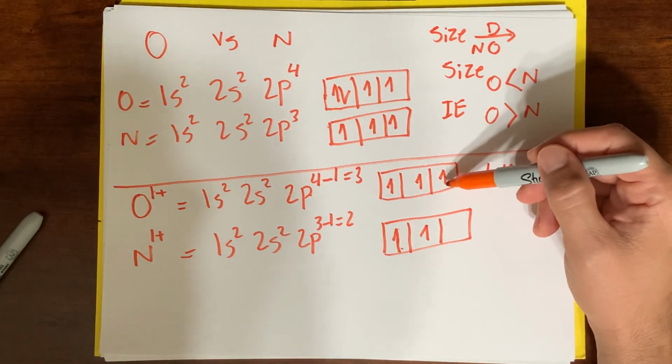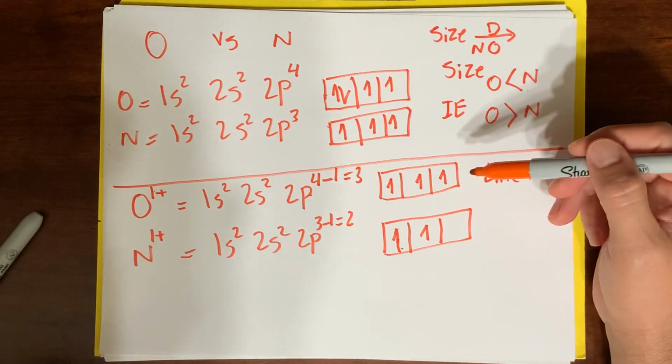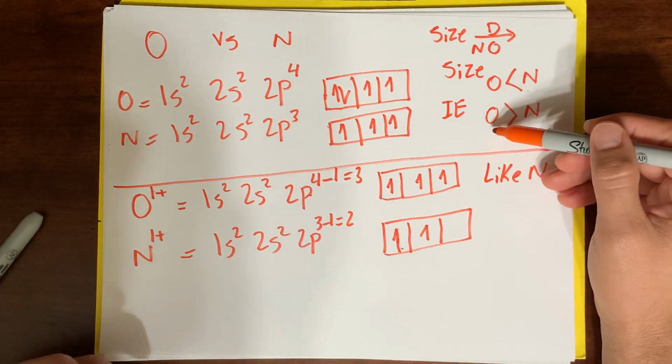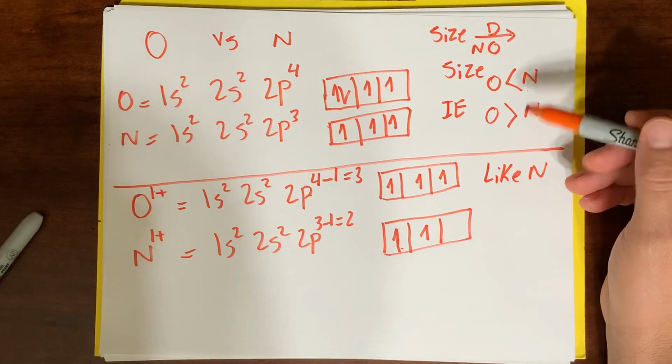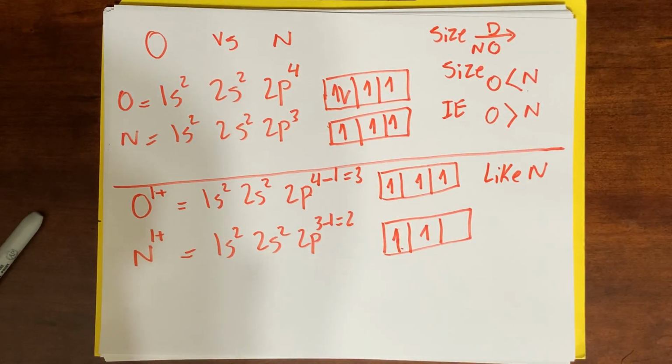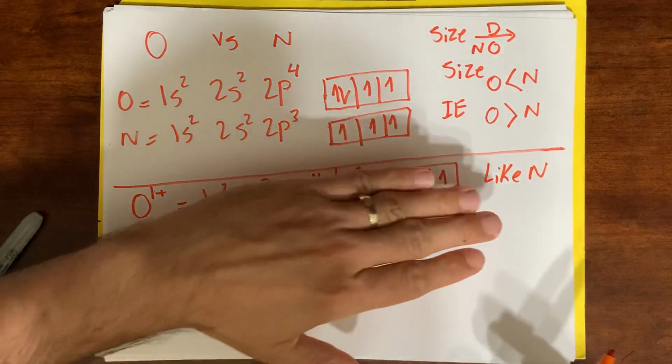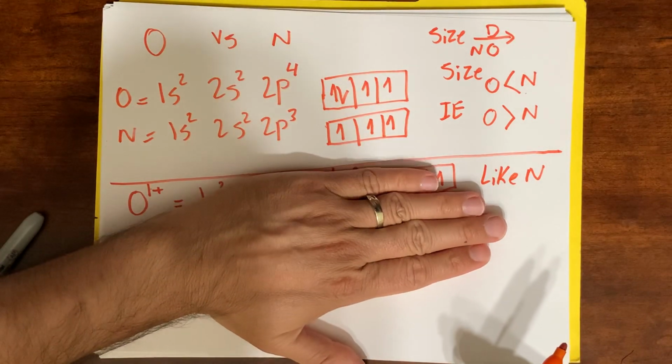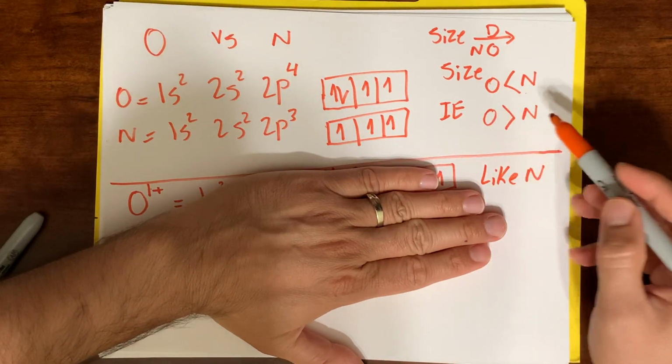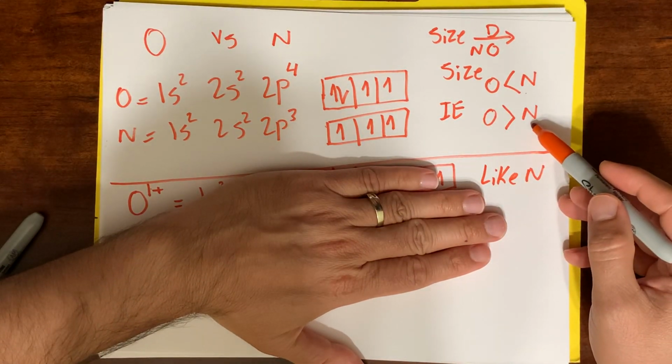And because of this stabilization energy, the ionization energy of O will be less than nitrogen. It's not really less than nitrogen. If you don't count this, the ionization energy of O will be higher than nitrogen.